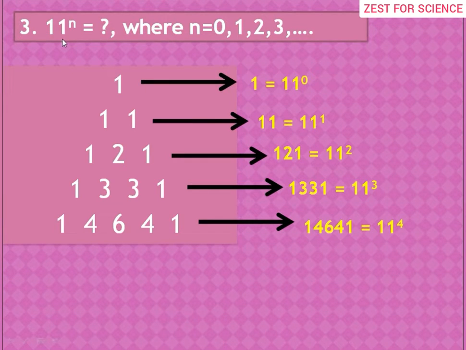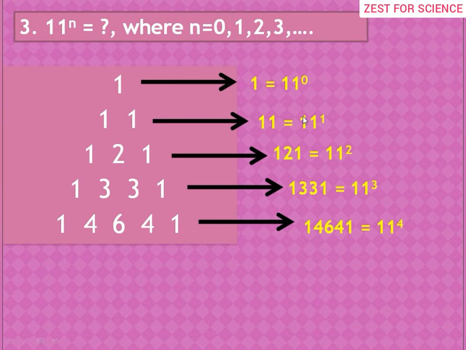Now, what will be the value of 11 to the power n? That can also be answered by the use of Pascal triangle. In the first row, that is the 0th row, there is only 1, which is 11 to the power 0.